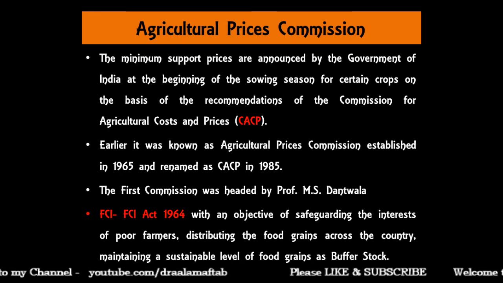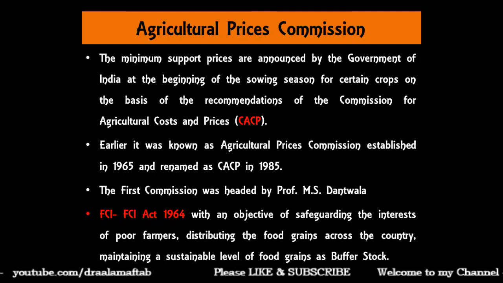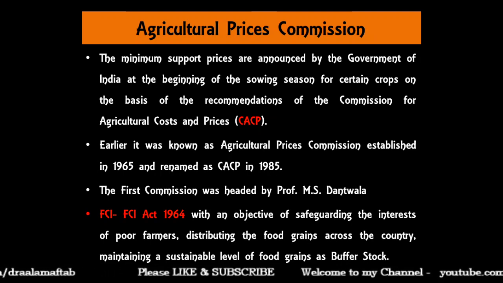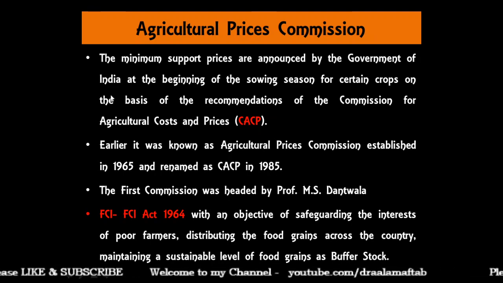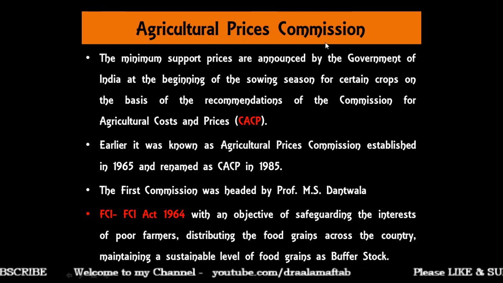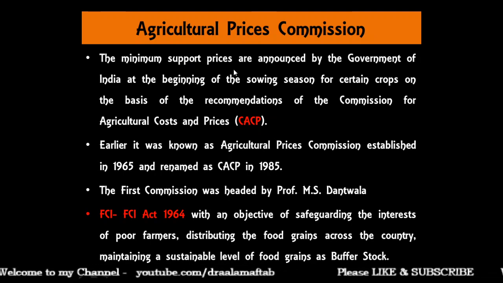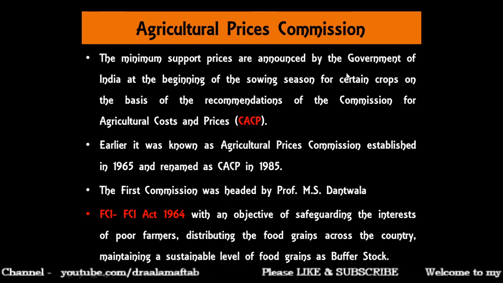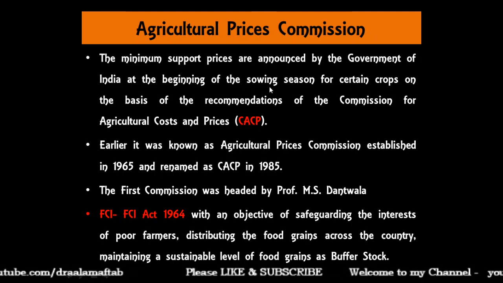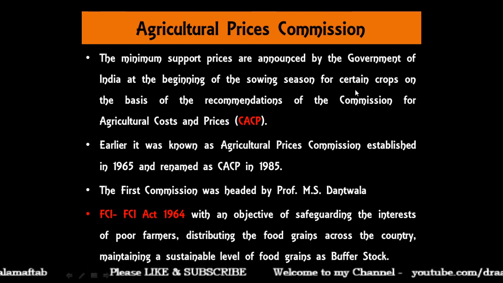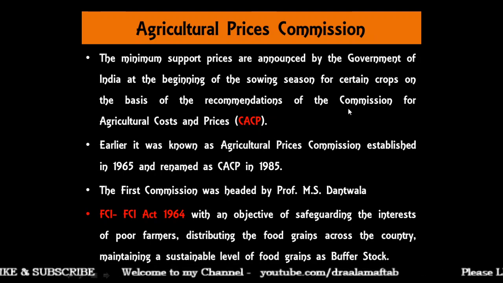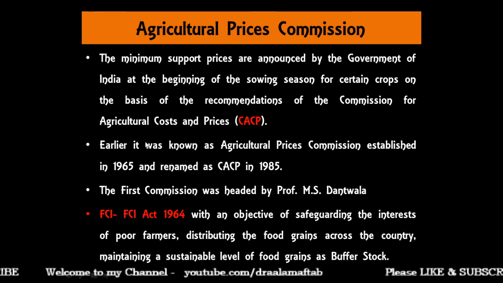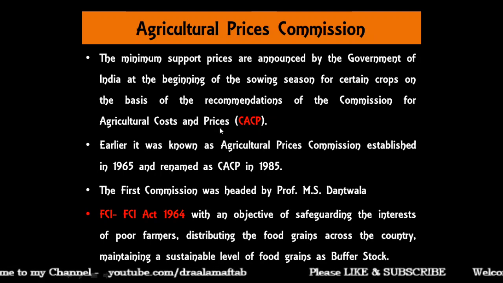Now who decides this MSP and procurement price or issue price? This is decided by the Agricultural Prices Commission. The minimum support prices are announced by the Government of India at the beginning of the sowing season, as I said, for certain crops on the basis of recommendations of the Commission for Agricultural Costs and Prices.